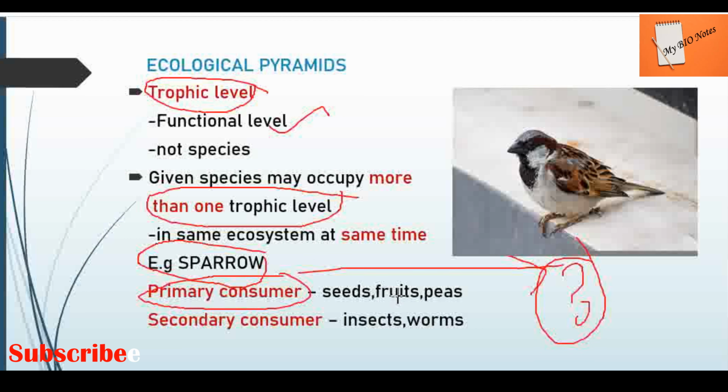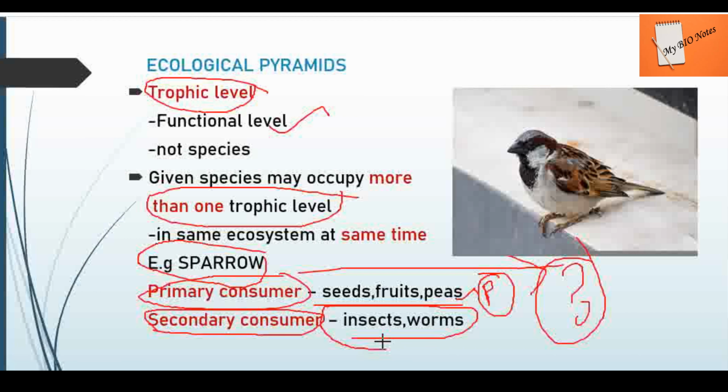Because it feeds on seeds, fruits and peas. These come from plants, which are the producers at the base. The organisms that first eat them we call primary consumers. Since the sparrow feeds on these, we call it a primary consumer, but we also mention it as a secondary consumer, because it feeds on insects and worms. In that case it acts as a carnivore.